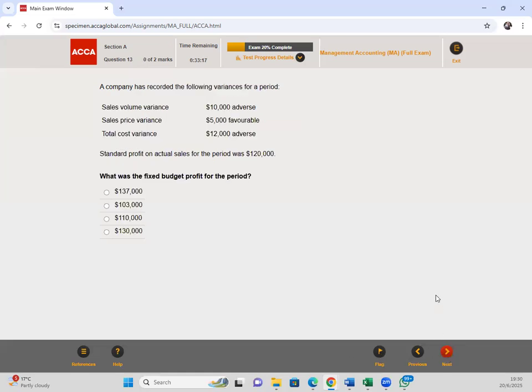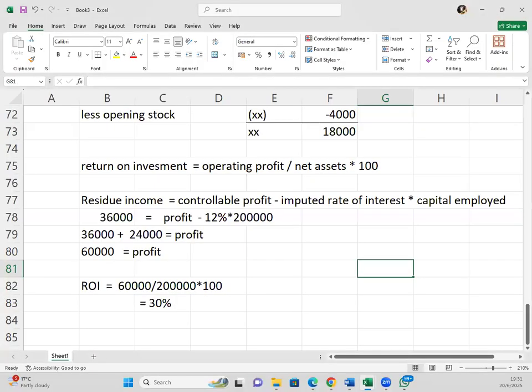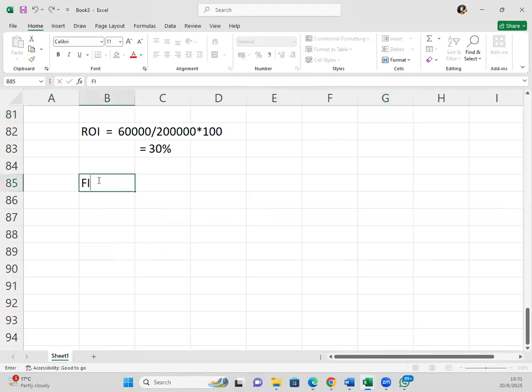Let's move on. A company has recorded the following. What was the fixed budgeted profit for the period? So let me assist first with this formula.